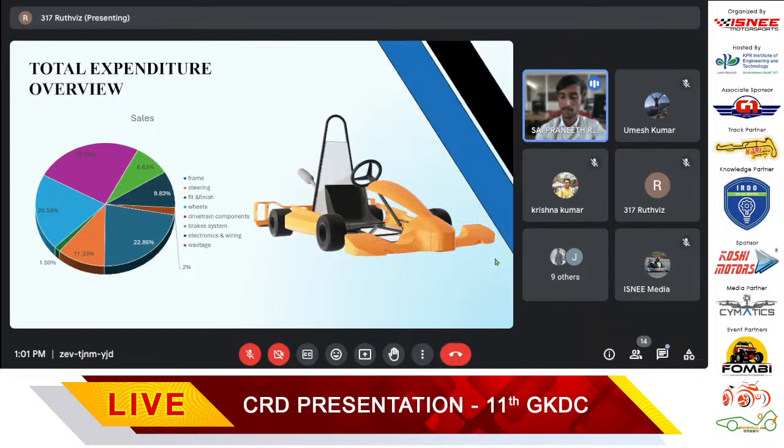The wastage is around 2%, and the frame cost and all that is explained in the previous slides. This is the total expenditure of our vehicle, around 93,900 rupees.